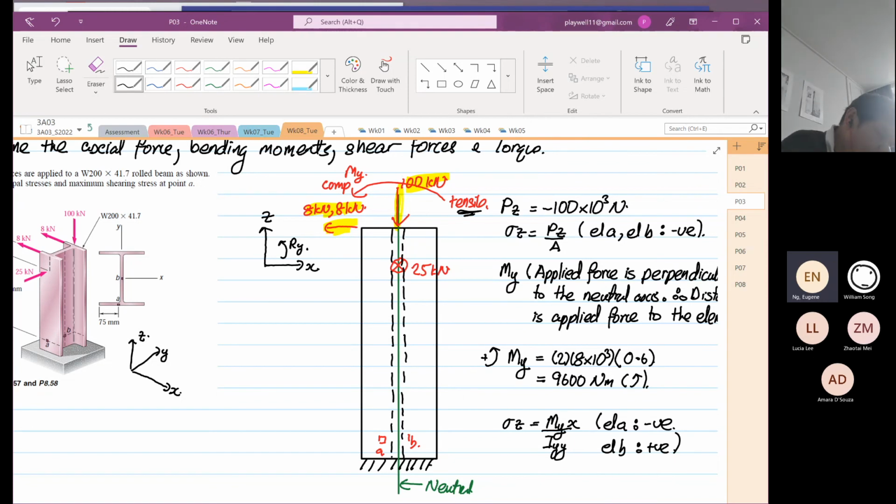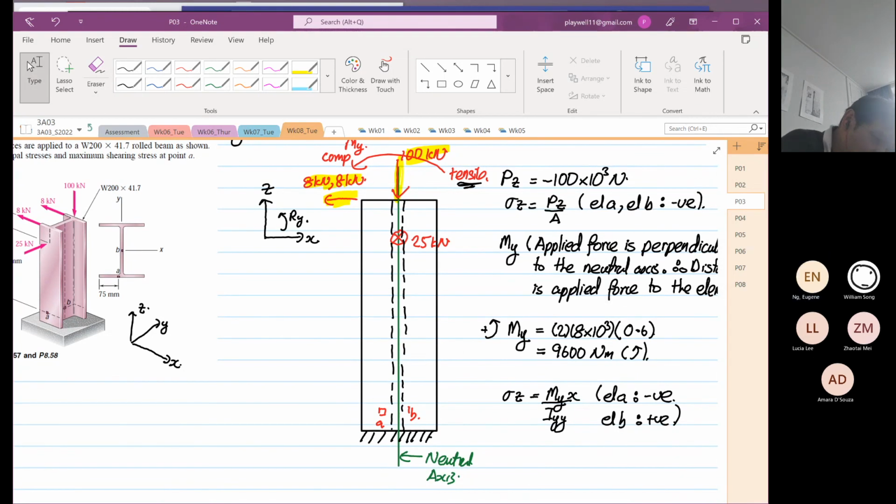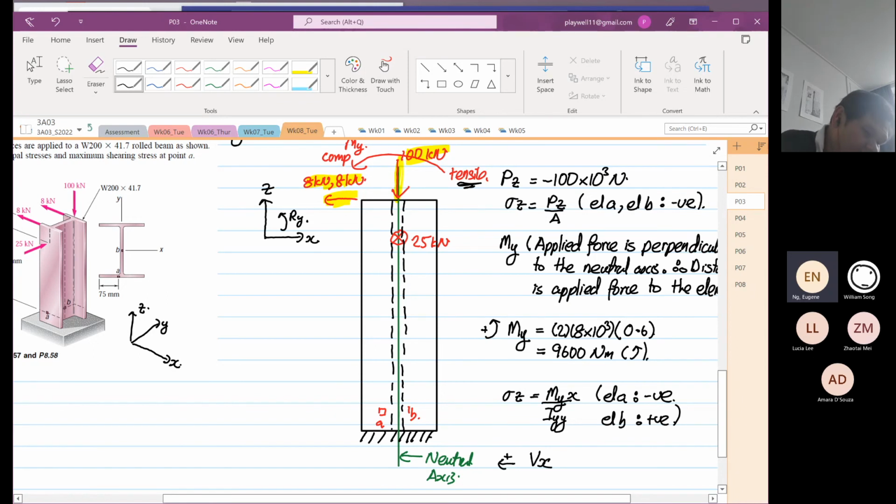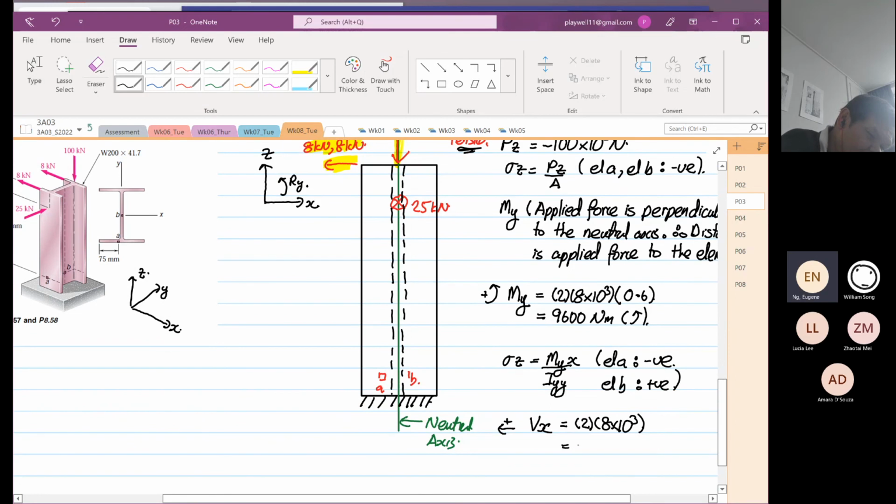Then another one that we have, if I call this positive, Vx, we're going to have a shear force in the x direction, which is going to be equal to twice 8 times 10 to the power 3. So this is equal to 16 times 10 to the power 3 Newton.